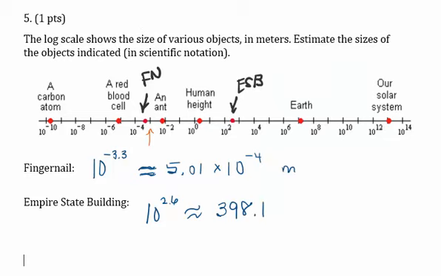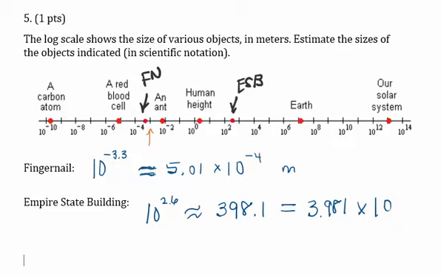Okay, so to rewrite in scientific notation, I'm going to move the decimal to the location right after the first non-zero digit, and so in this case it's after the 3, so 3.981, and then we're going to multiply by a power of 10.